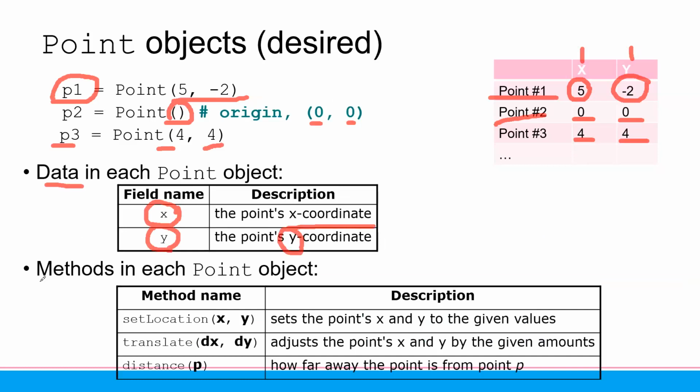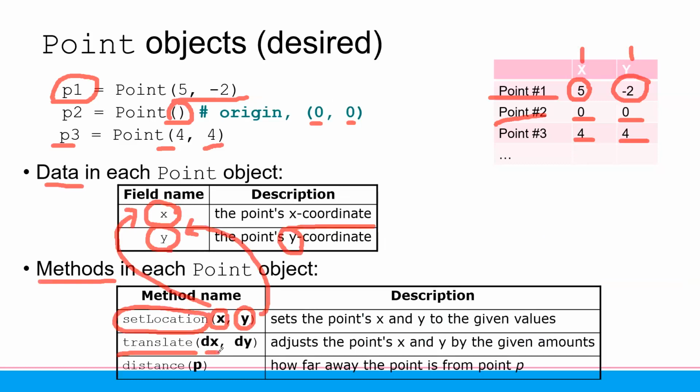And I can define the methods or functions in the point objects. Let's say I want to set the location. So I have 2 parameters, x and y. So I can set the value of x, I can set the value of y.